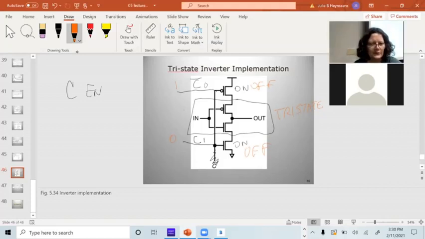You don't have to build a tri-state. You could, if you wanted to, in your project for your tri-state drivers, use something like this. I think Nigel did that. Tri-state inverter. Right. Or you can go to generic 13 and use that tri-state. Be careful.